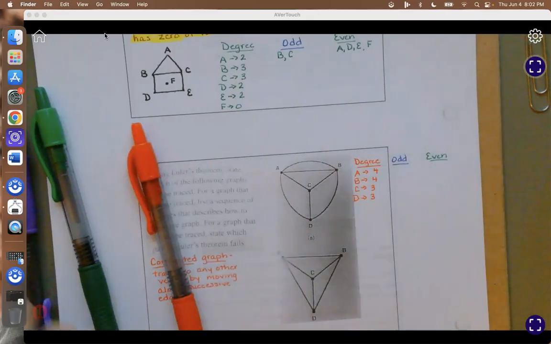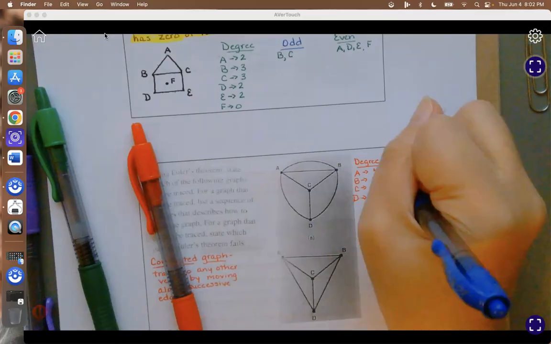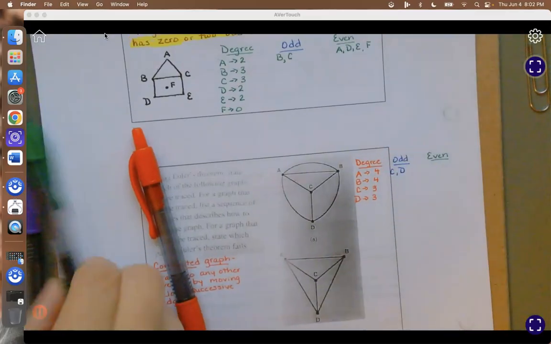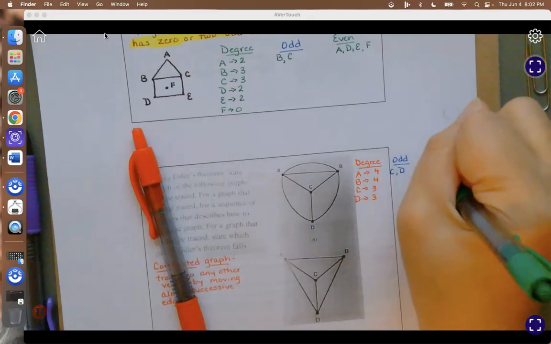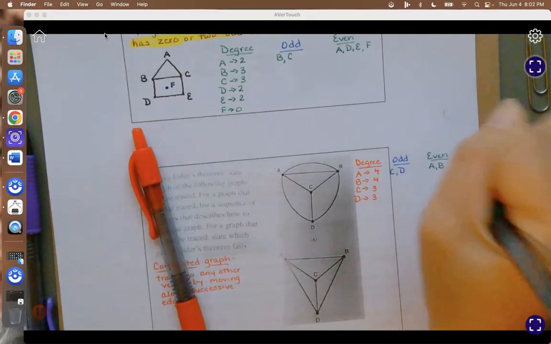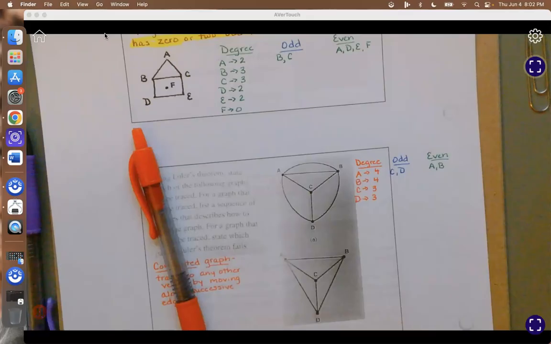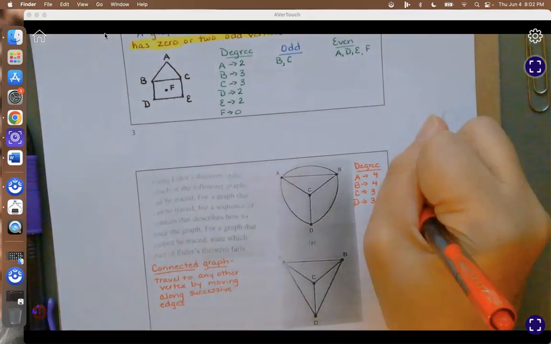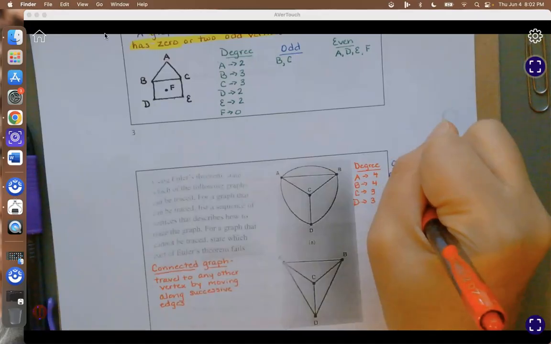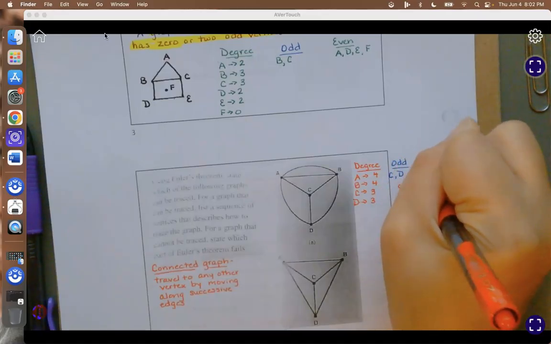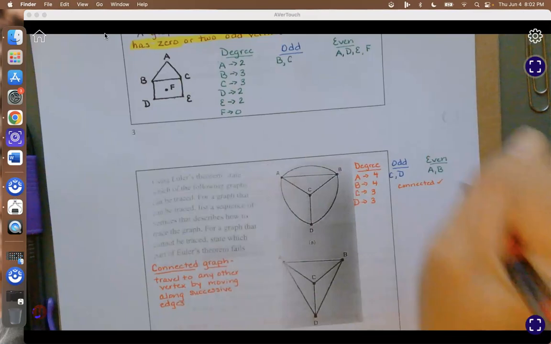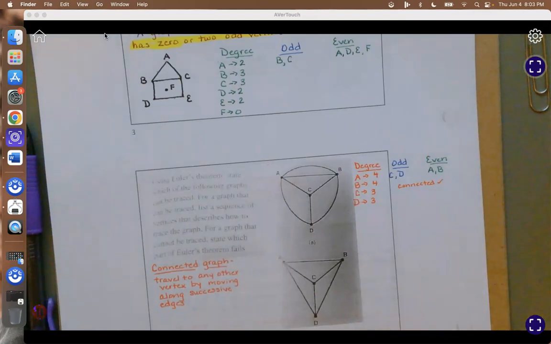Now there's a bunch of different paths you can take. All right. So we need to touch every edge. Okay? We got to touch every edge.